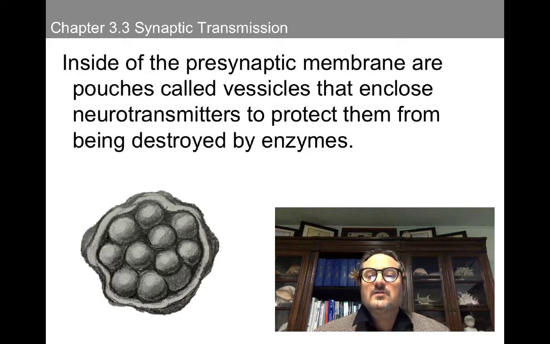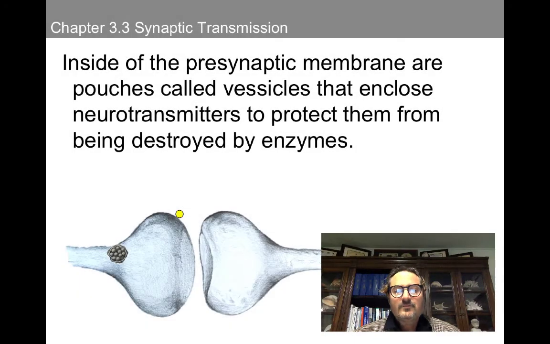We expect the potato chips to be in a small bag. The small bag protects the potato chips and keeps them fresh. It's kind of like a vesicle is for neurotransmitter. It encloses the neurotransmitter and protects them from enzymes in the intracellular space that would actually destroy them. So inside of the presynaptic membrane are these pouches, these vesicles that enclose the neurotransmitter.